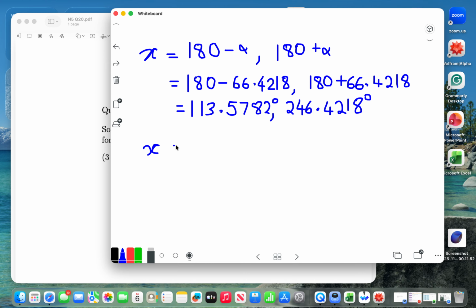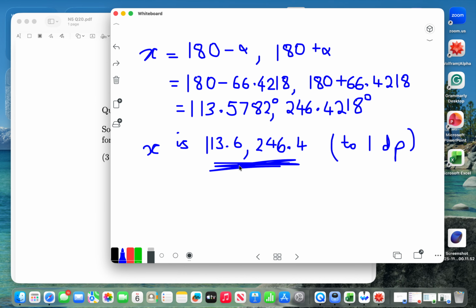So x is 113.6, or 246.4, and that is to one decimal place, and those are the final answers.